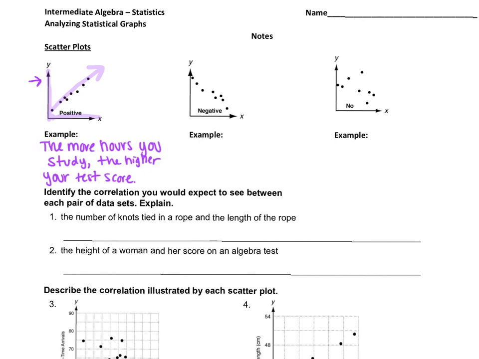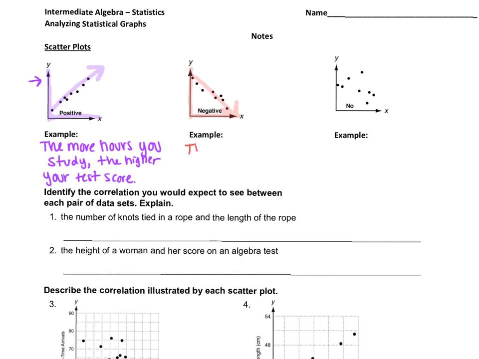The second is an example of negative correlation. It's negative correlation because as my x gets bigger, my y values are actually getting smaller. So we're going down, we're going in the downward direction. So an example of negative correlation in real life would be like the more days you exercise, the less you'll weigh, in theory.